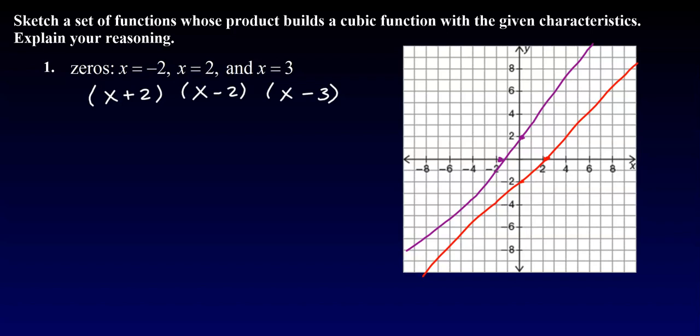And x minus 3 has a y-intercept at -3 and an x-intercept at 3. And again, try to use a straight edge to draw a straight line. This right here is three functions that create a cubic function if we take the product of them.